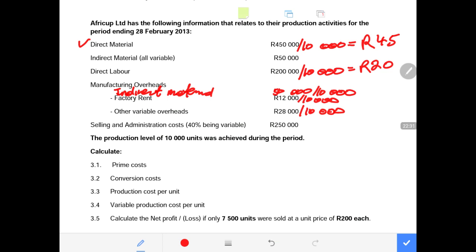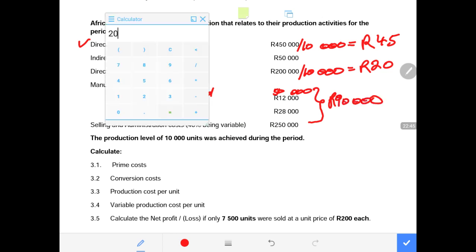So another very easy approach could be to say, okay, I know that my total manufacturing overheads amount to 90,000. If you remember, we calculated that where we said 50,000 plus 12,000 plus 28,000, it gave us 90,000.